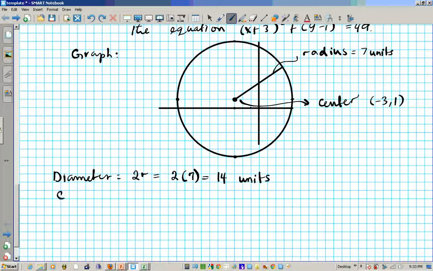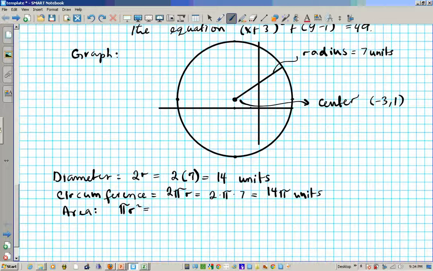And then the circumference. The formula for circumference is 2 pi r. So we know r is 7, so it's going to be 2 times pi times 7, which equals 14 pi units. All right, and then the area is given by pi r squared.